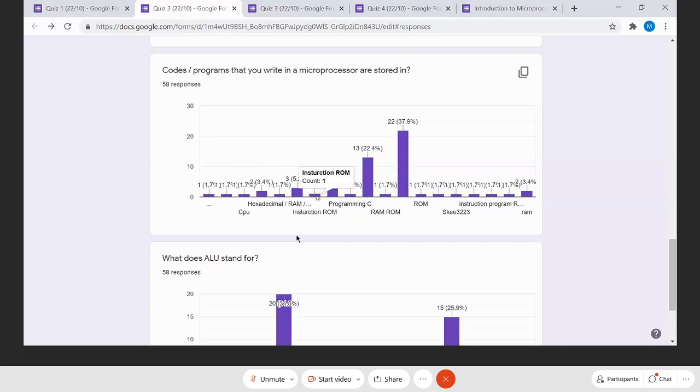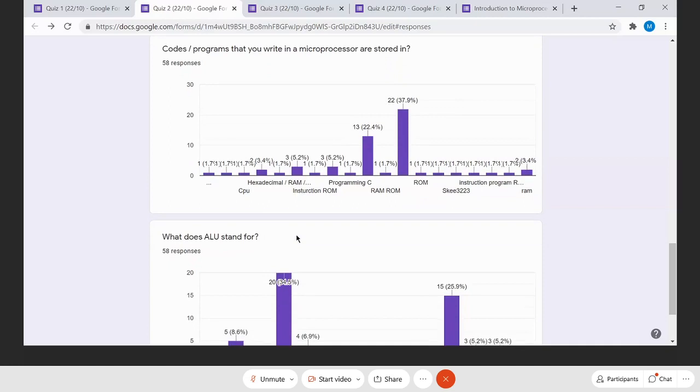Instruction ROM, okay, ROM. So you gave me a lot to choose from. So it's ROM, not RAM or ROM. They clearly do not understand this. When you write code, the code of the program must be in ROM.